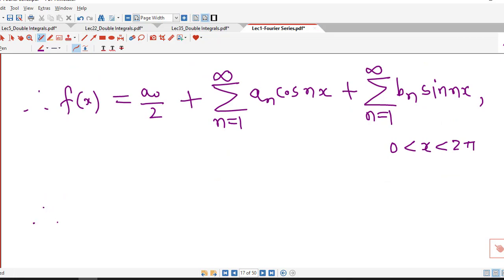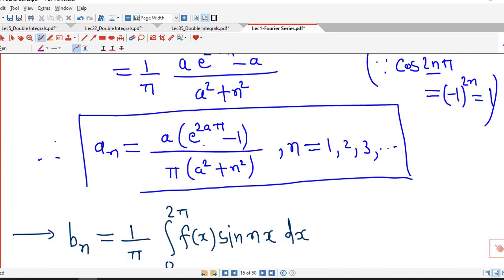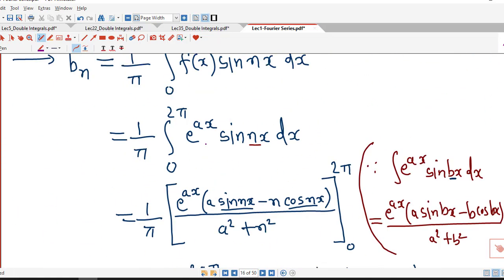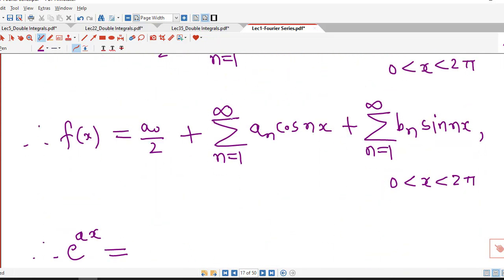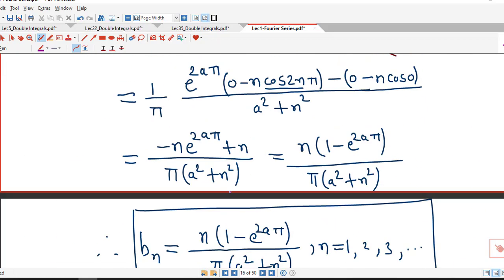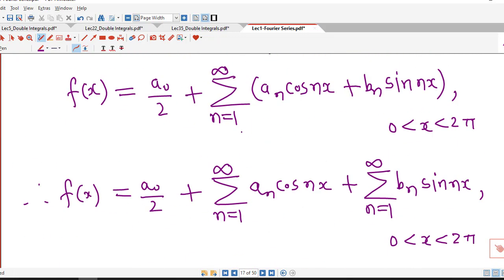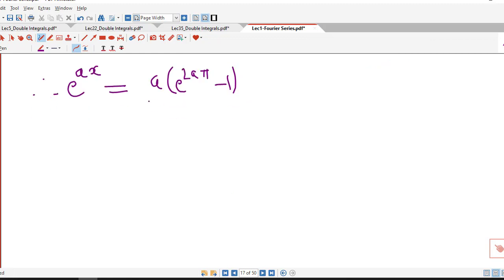So now we put values of Fourier coefficients. Our constant a0 was e raised to 2a pi minus 1 divided by a pi.